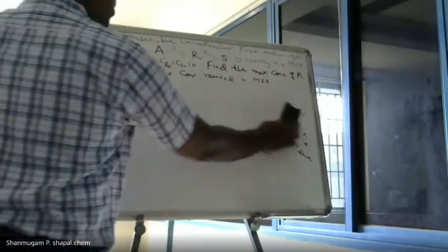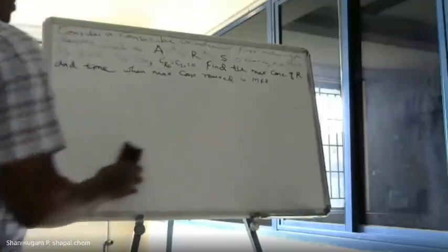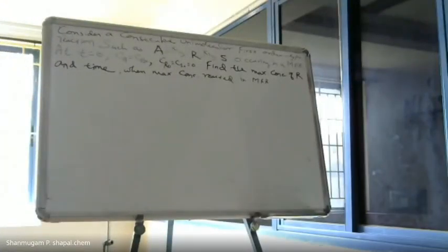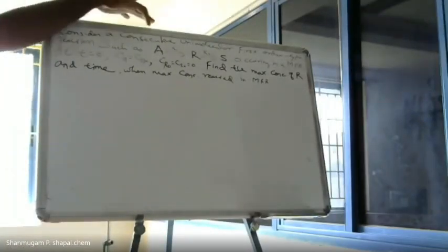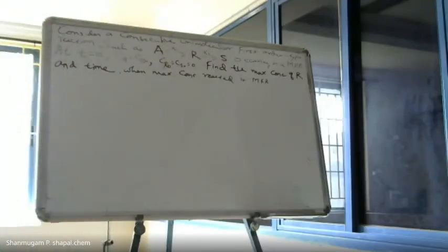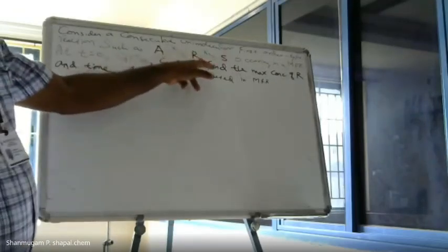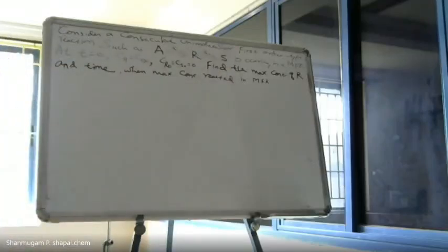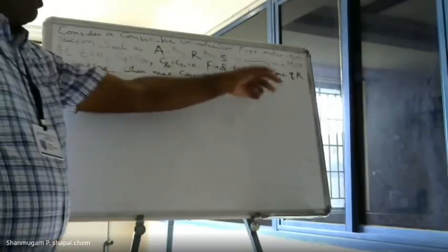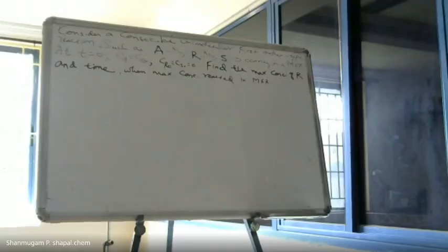And here now, the question is about the same thing. It says consider a consecutive unimolecular first order type reaction such as A gives R, R gives S, which occurs in a mixed flow reactor.